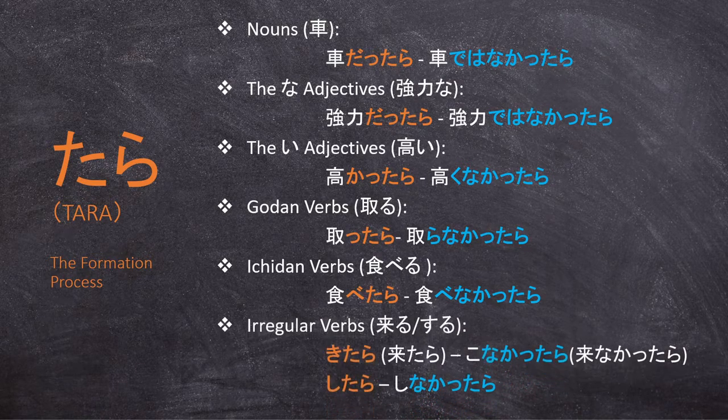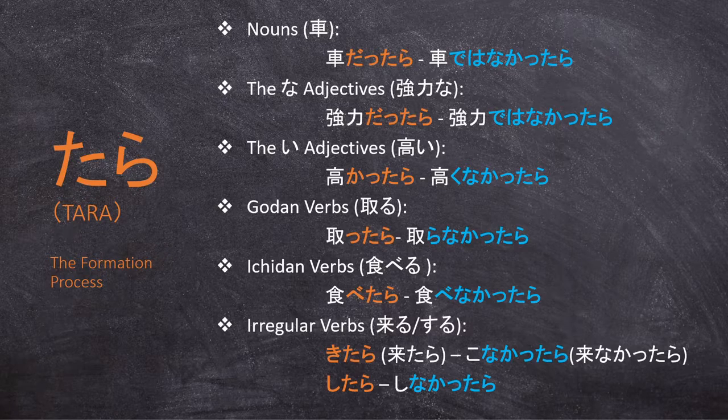And finally, we have our irregular verbs kuru and suru. In the case of the positive condition, they become kitara and shitara, but if we need the negative condition, then they become konakattara and shinakattara.